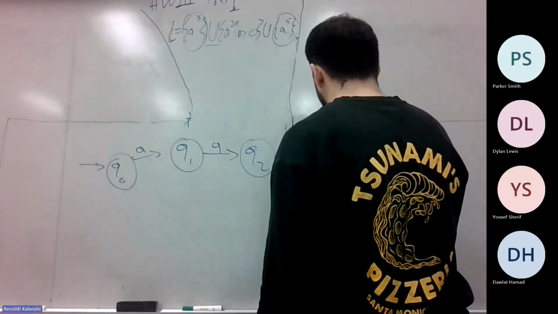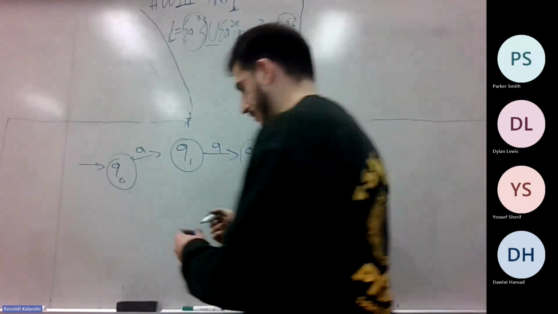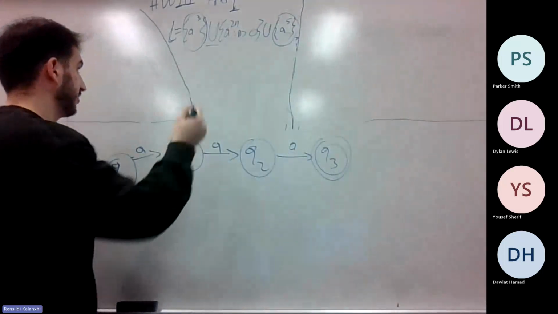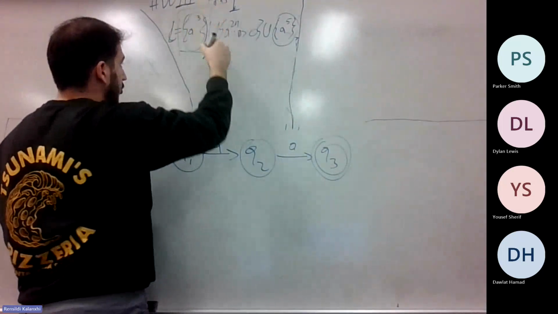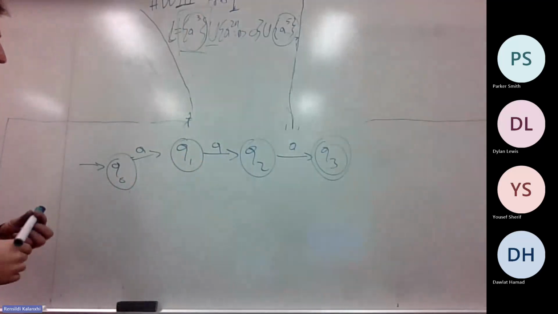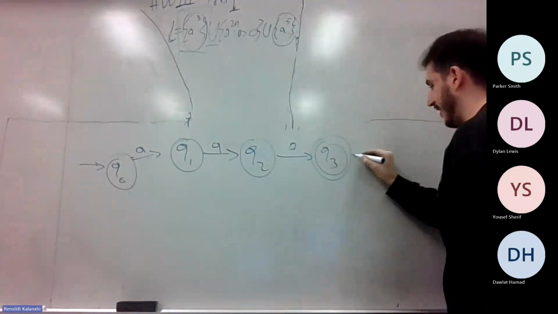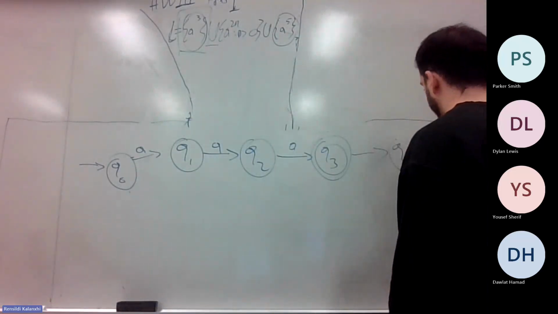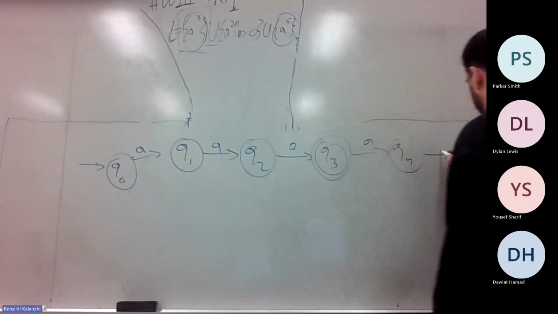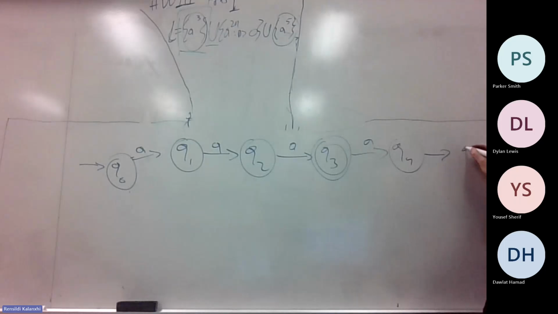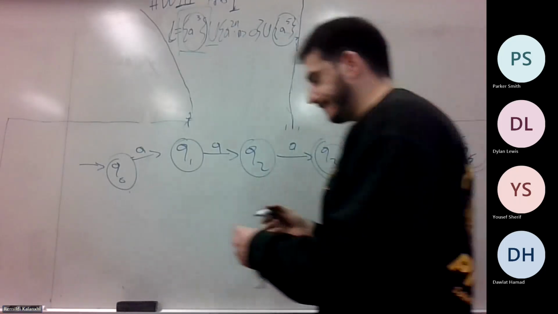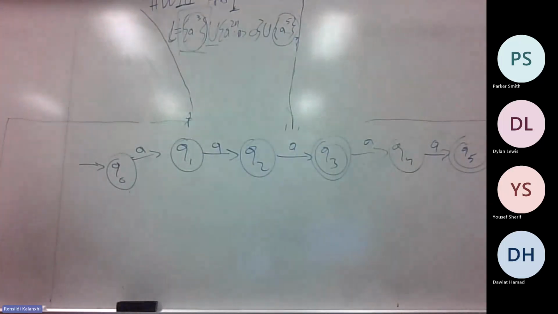Since one of our choices is that it's going to end up with 3 A's, we can set Q3 as the final state. And then the same thing happens with 5 A's, where we can end up with 5 A's, Q5. So far, so good.